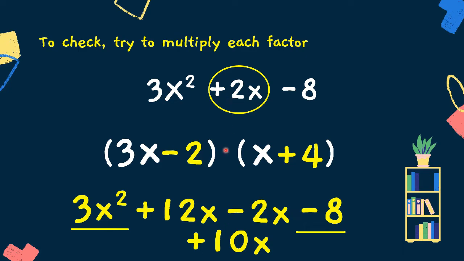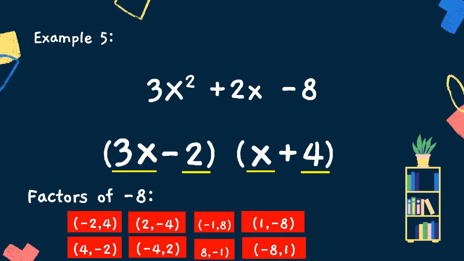Therefore, we can conclude that 3x minus 2 and x plus 4, or negative 2 and positive 4, are not the factors that we are looking for. So this time, we'll try the second factors, which are positive 4 and negative 2.